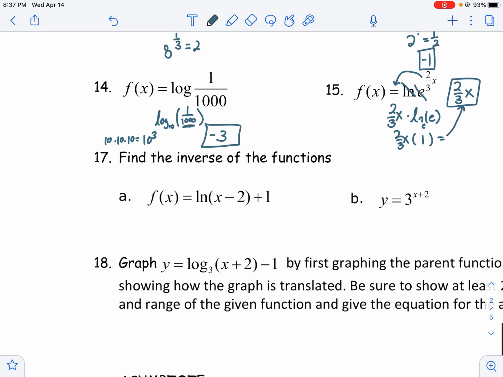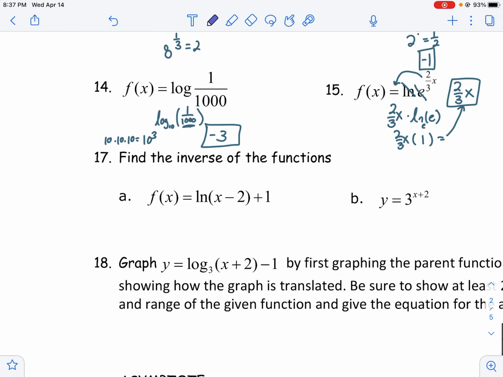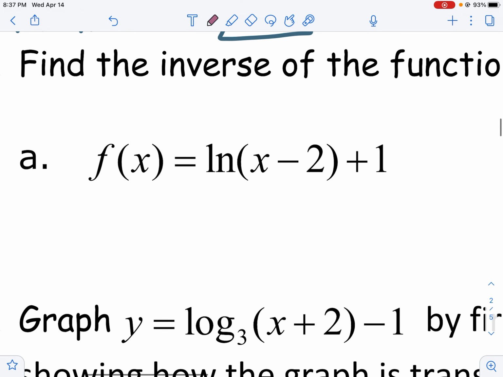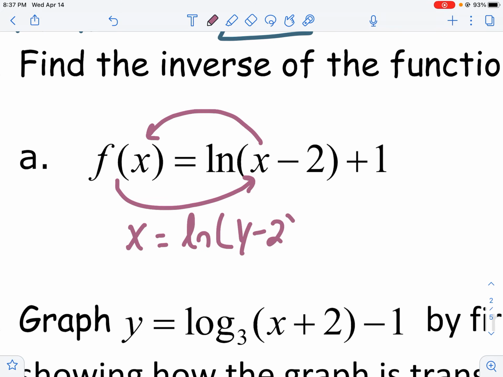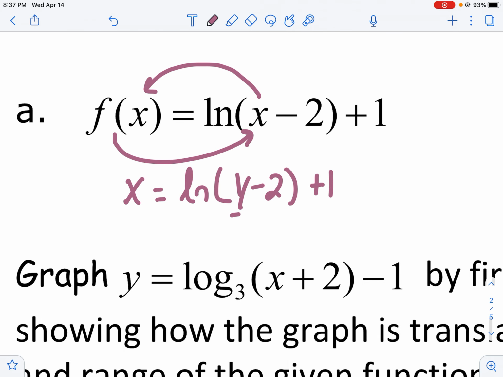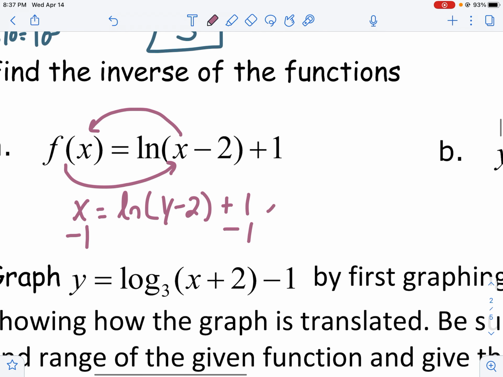Next up, it says find the inverse functions. I prefer to do these inverse function questions by actually physically solving for y here. So here's what we're going to do. We're going to switch the x and y. We're going to say x is equal to the natural log of y minus 2, plus 1. Now we need to solve for y. We subtract 1 from both sides, and that's going to give us x minus 1 is equal to ln of y minus 2.